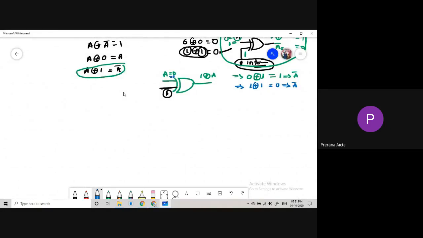If you are assuming A XOR of B is equal to C, then A XOR of C is B, B XOR of C is A, and A XOR of B XOR of C is 0.